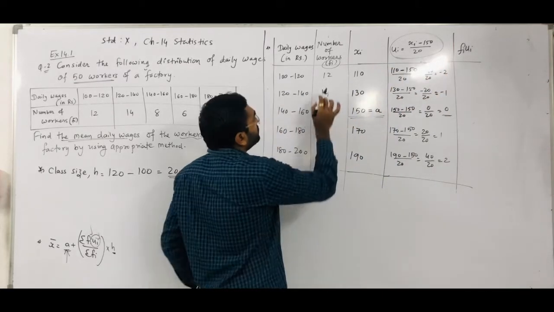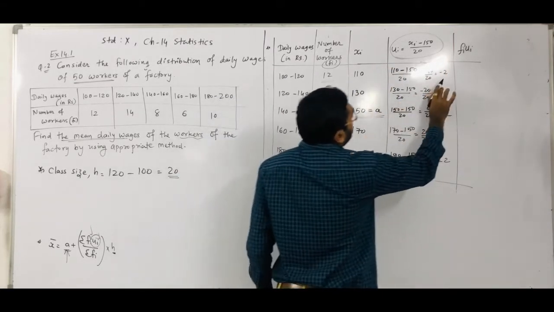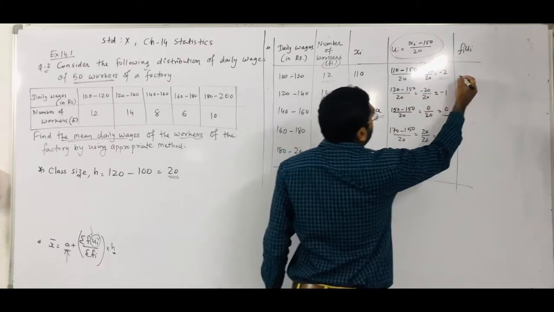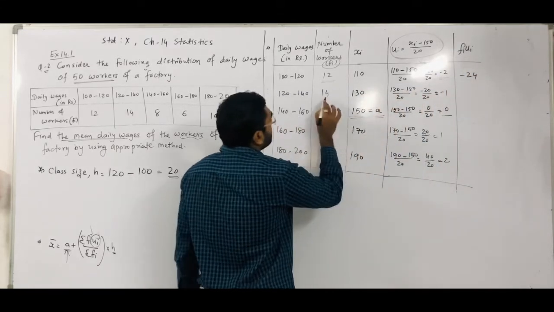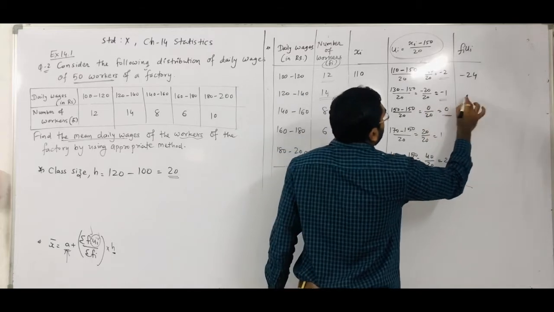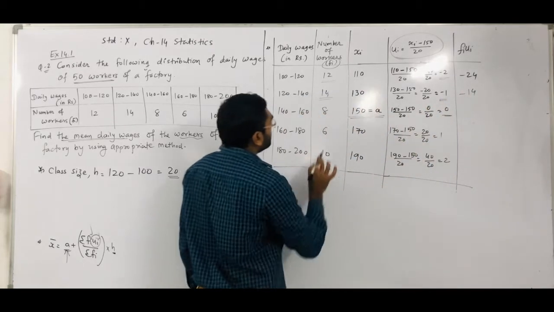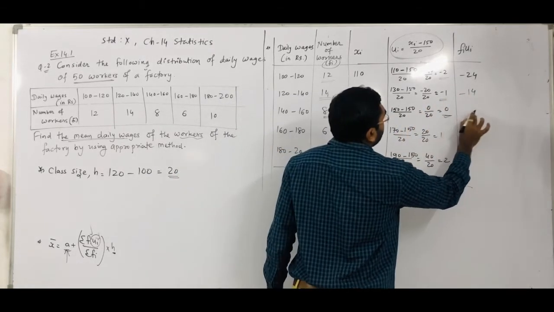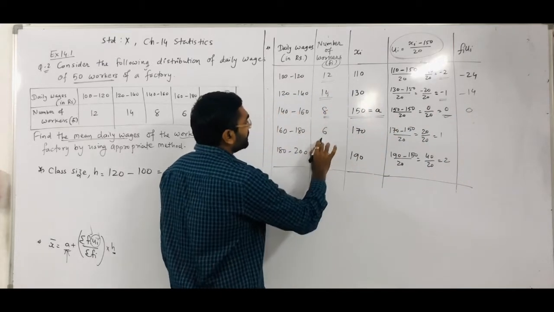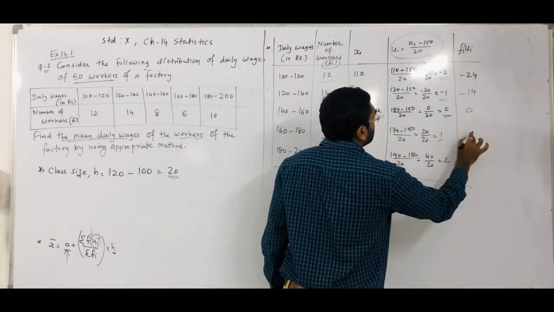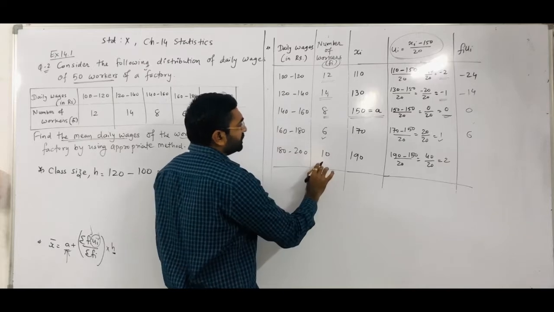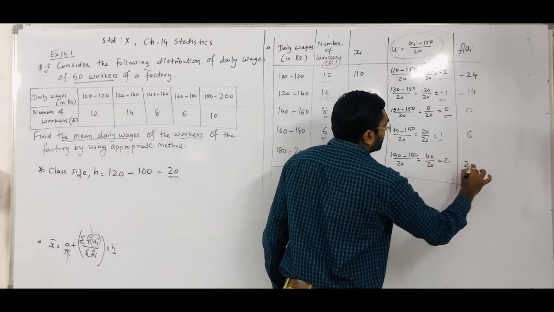So we have to do 12 into minus 2, so we get minus 24. Right? 14 into minus 1, so minus 14. 8 into 0, so we get 0 only. 6 into 1, so we get 6. Now 10 into 2, so we get 20.